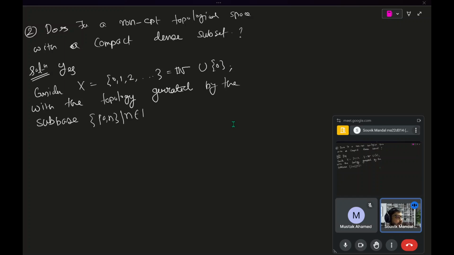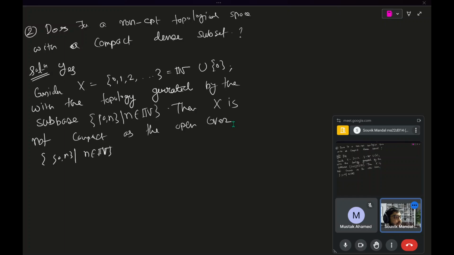Then X is not compact, as the open cover [0, n) does not admit a finite subcover.